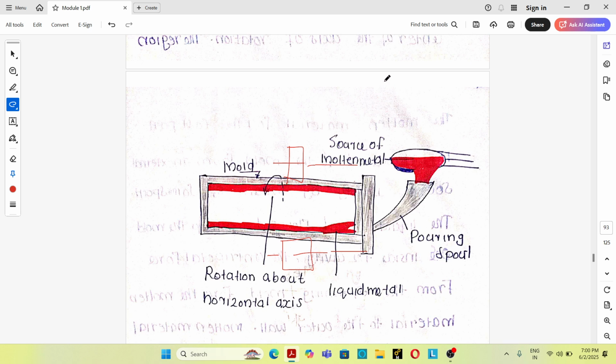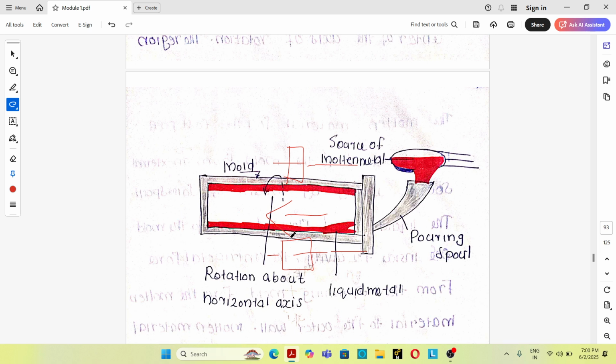Molten material for the cast part is introduced into the mold from an external source. The liquid metal flows into the mold cavity, so this is the mold cavity.